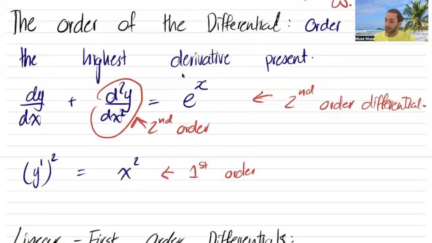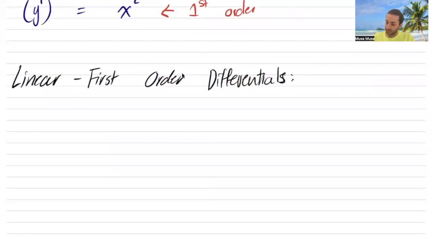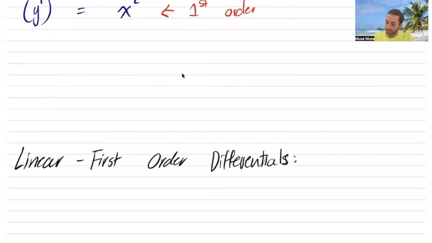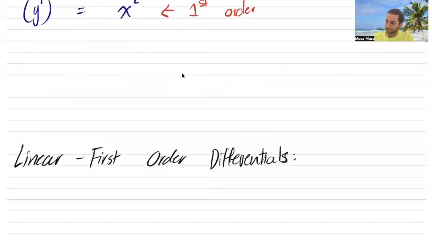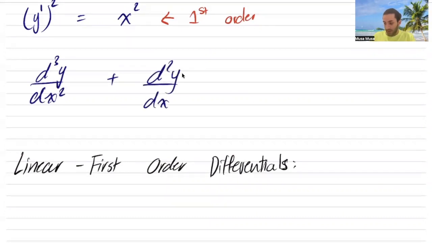I guess you can probably imagine what third order would be. Maybe I'll chuck in another one actually. Like if I had d cubed y on dx cubed plus d squared y on dx squared, let's put a sine x next to this.